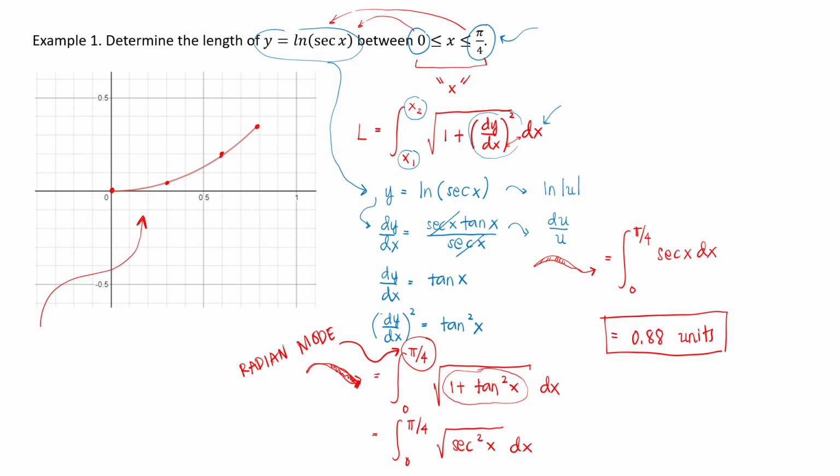If you're dealing with any pi limits, pi over 4, 2 pi, don't forget to make your calculator in radian mode, the one marked R. It should show in the upper screen that the calculator is in R. That's radian mode. The normal default of your calculator is degrees mode, which is D.